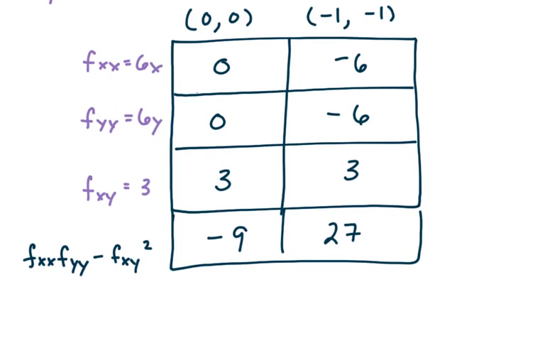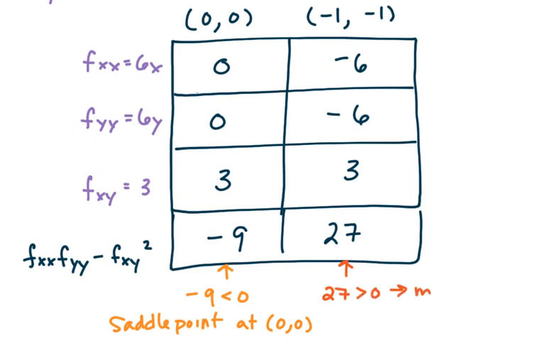So now we come to the analysis section. For the point (0, 0), since the discriminant is negative, -9 is less than 0, we know there is a saddle point at (0, 0). And for (-1, -1), since 27 is positive, or greater than 0, that means it's either a max or a min.